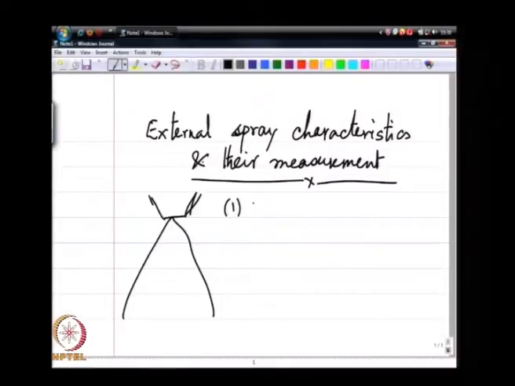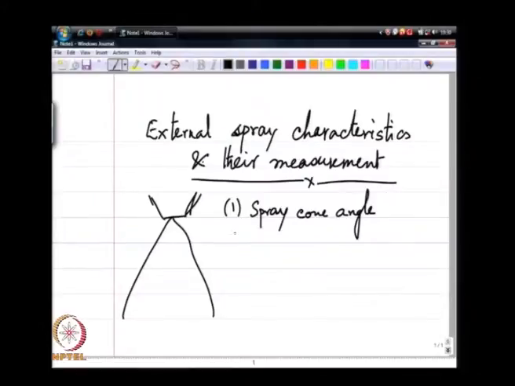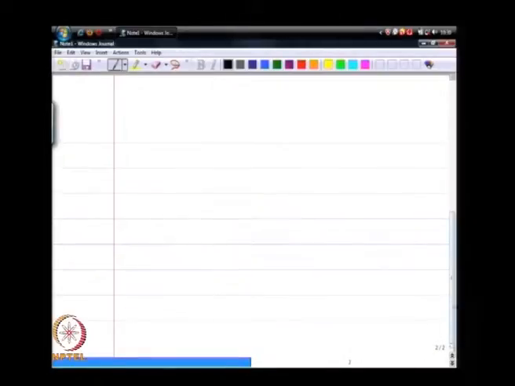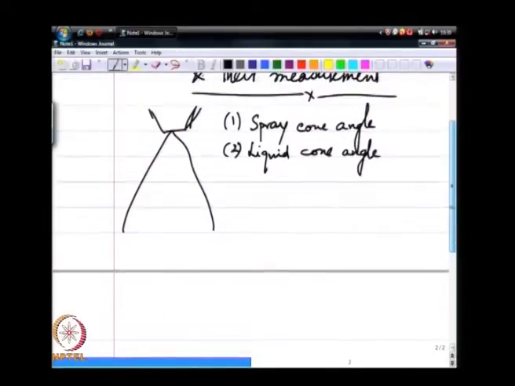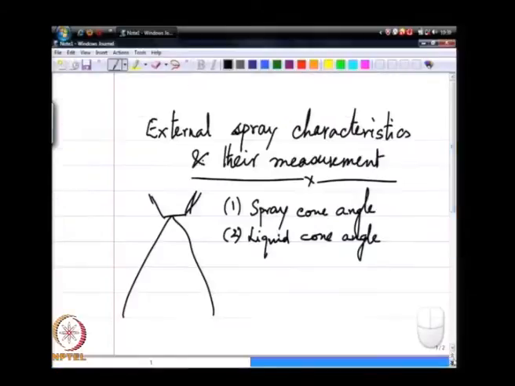Now, we did go through and make a list of a few different external properties of sprays. We will start with the first one. We will start by making this distinction between the spray cone angle and the liquid cone angle.